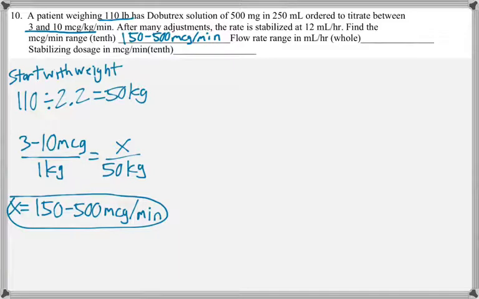So now they want us to convert this rate into milliliters per hour. So I need to set up a proportion with my answer and the solution strength.